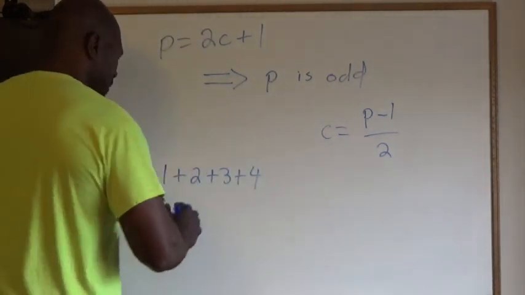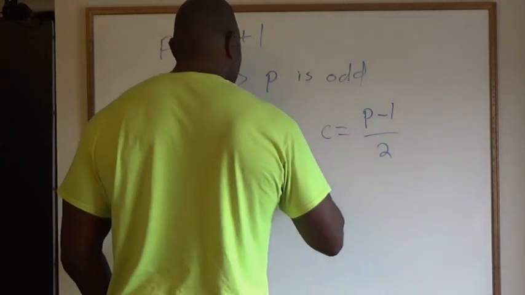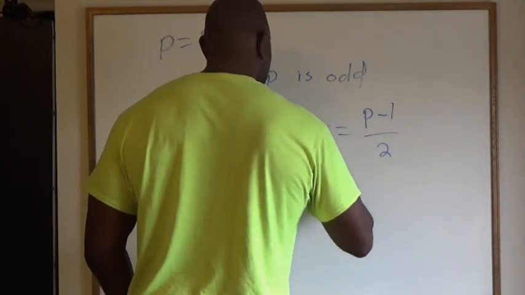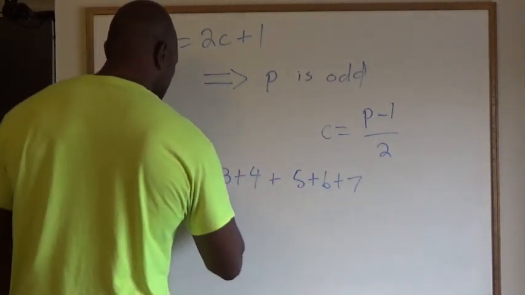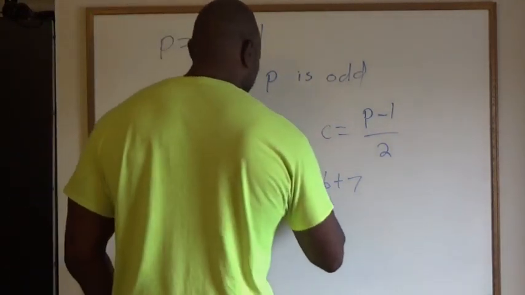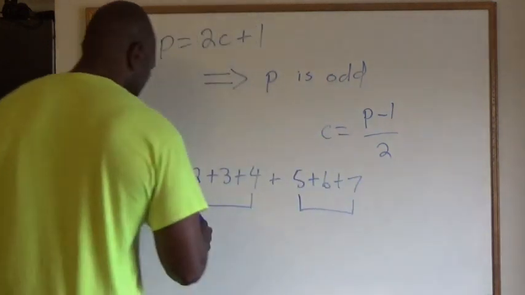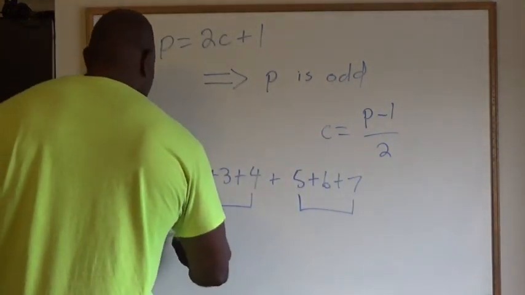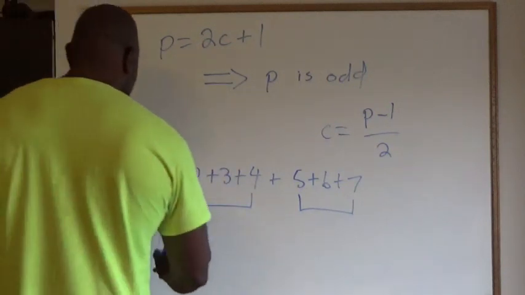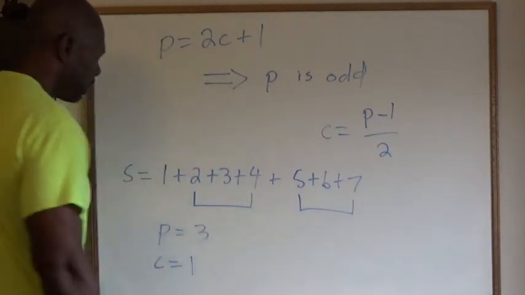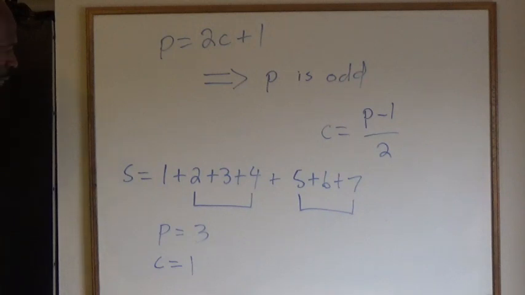So let me include the 5 and the 6 and the 7. This is the first partition we did, if you recall. In this particular partition, the value of P was 3, obviously, and C was 1.